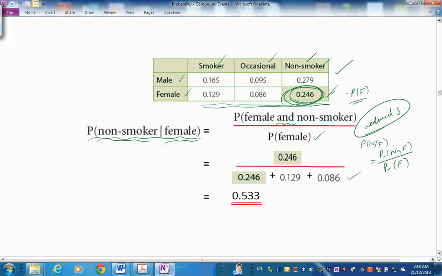We'll put the sum of that line is probability of a female. It's all in probabilities now. So you have to use this rule, if you like, the conditional rule. Probability of a non-smoker given that they're female is probability of a non-smoker and female divided by the probability of a female. And here we have that conditional probability. So you've got to keep your wits about you. Think about it in various ways, but it's a reduced sample space, isn't it, that we're on about here.